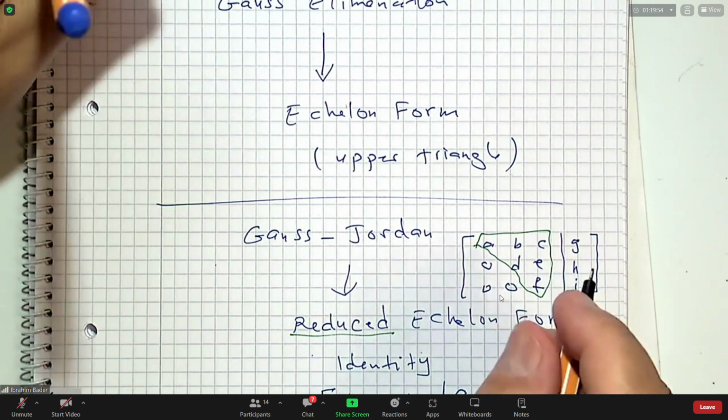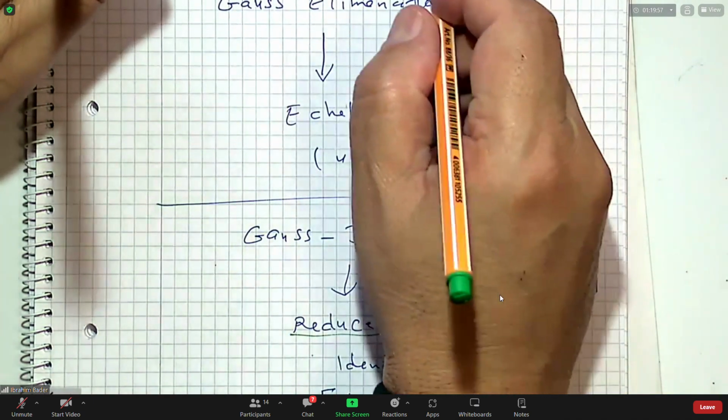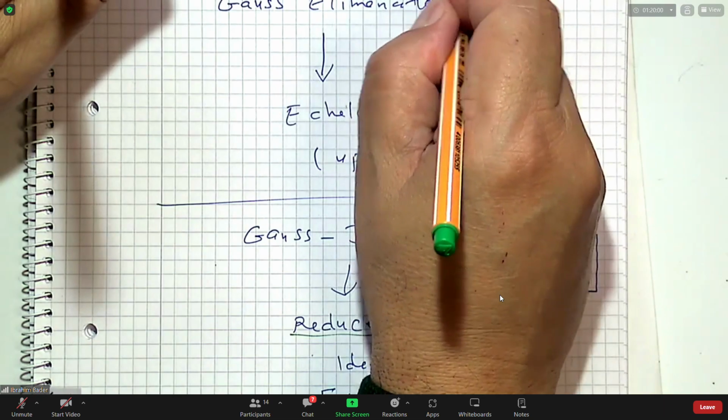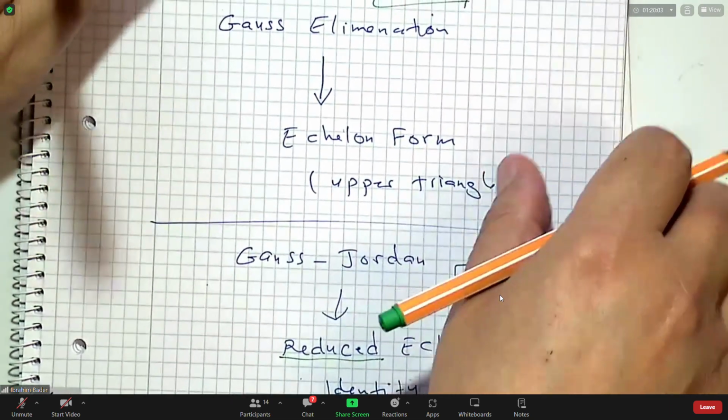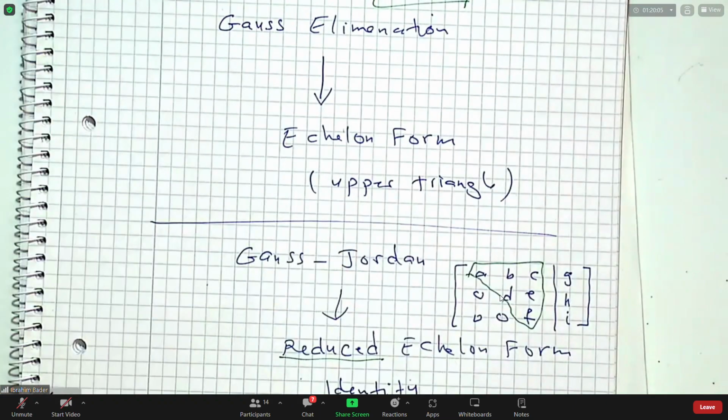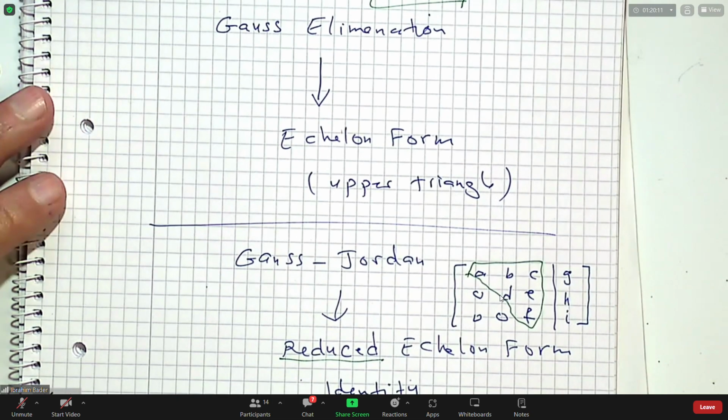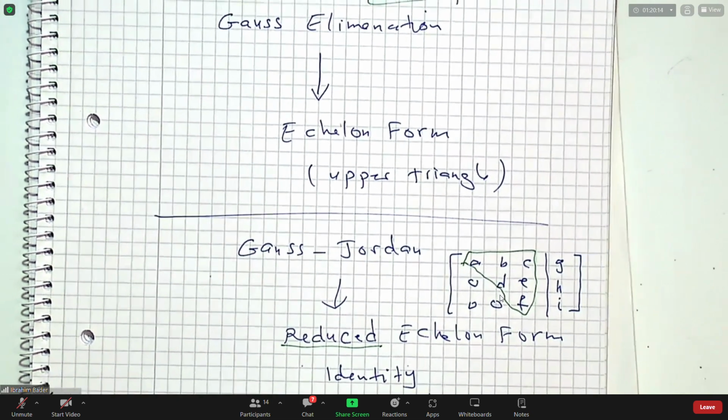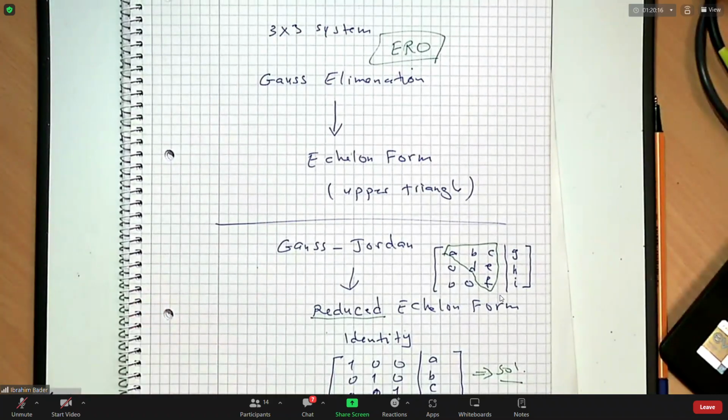So this is the difference, and both use the so-called elementary row operations, which are three operations: multiplying or dividing a row by a non-zero constant, adding or subtracting two rows, and swapping rows. In the reduced echelon form it's straightforward: x equals a, y equals b, z equals c.